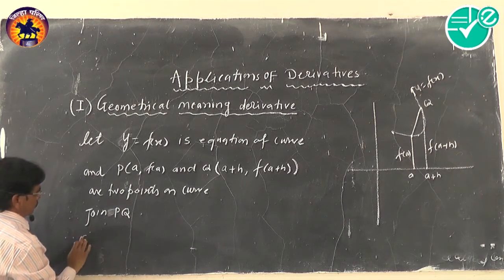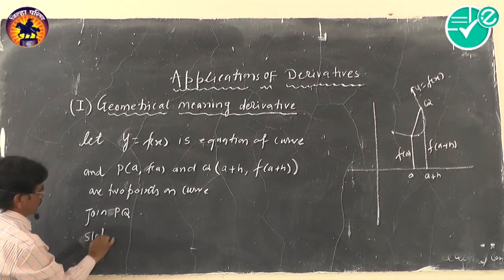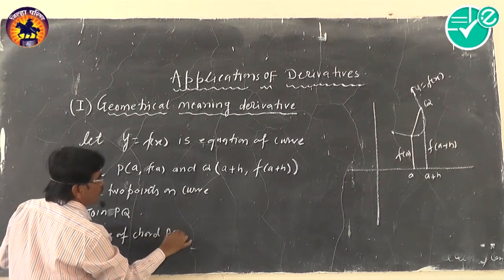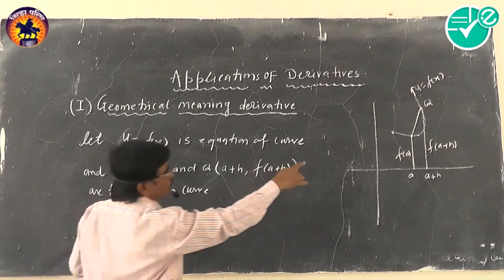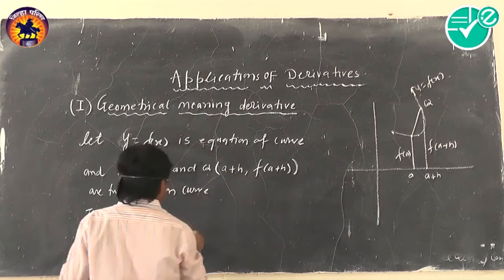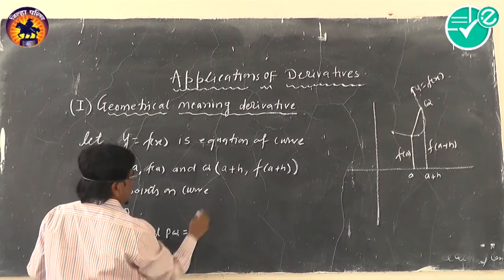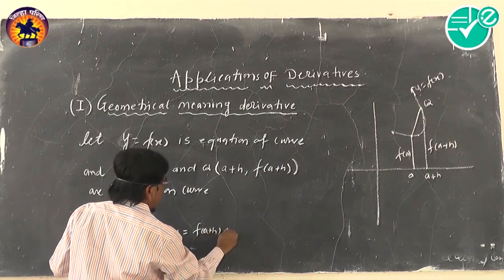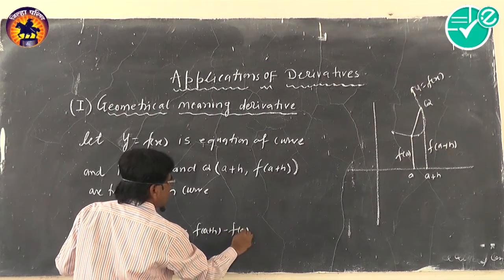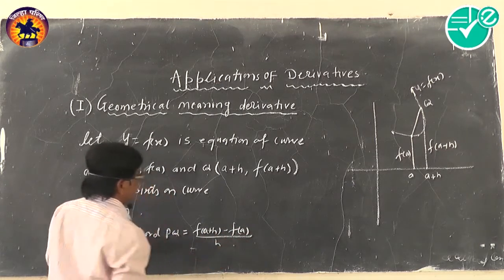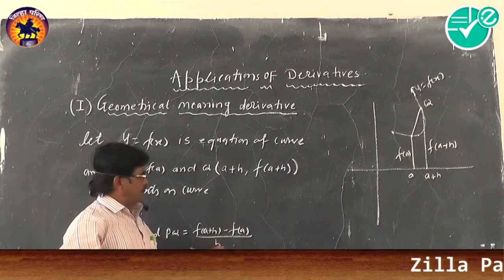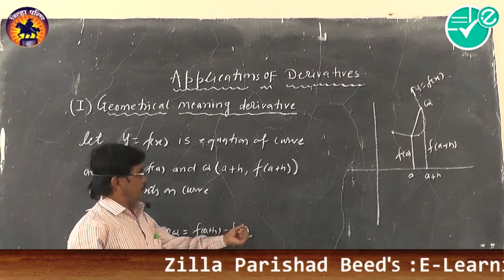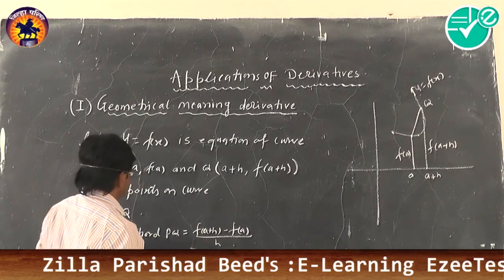Therefore, slope of chord PQ is equal to f of a plus h minus f of a upon h, that is, difference of y coordinates divided by difference of x coordinates.